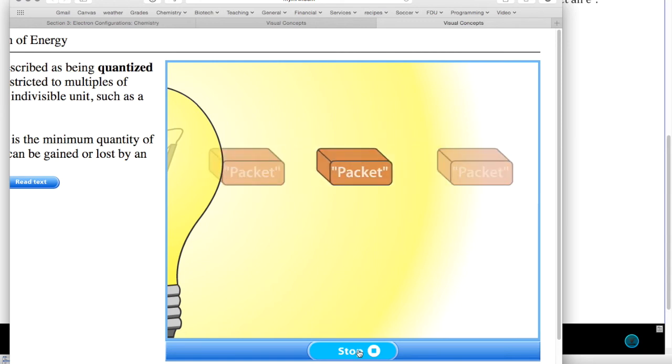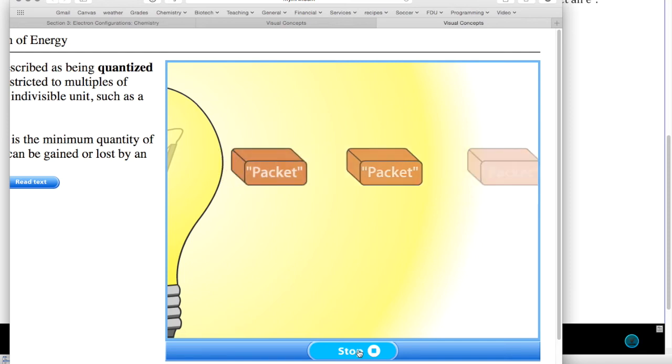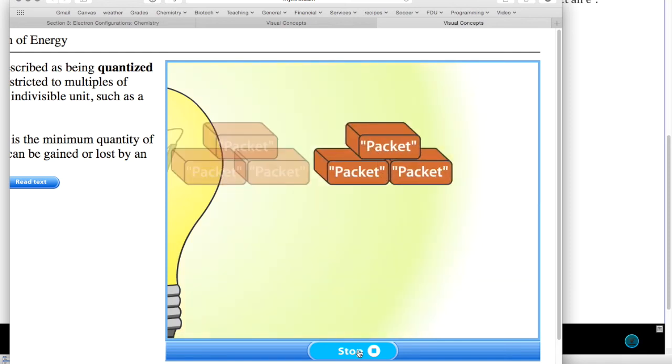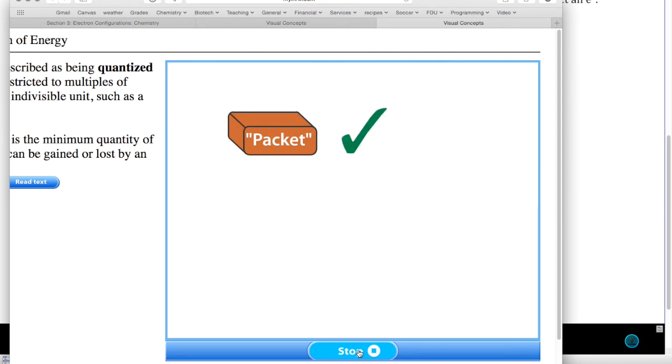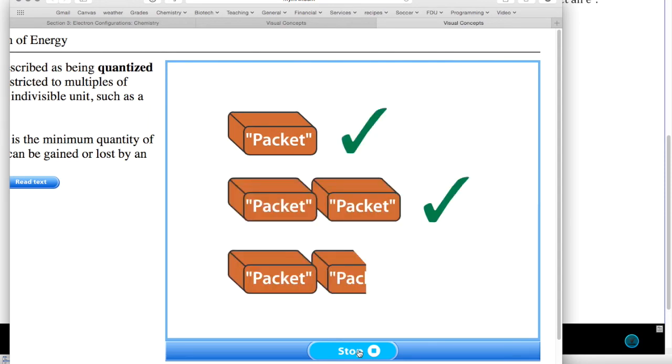Some wavelengths of light carry only a little energy at a time. Others carry more. But the energy is always quantized. It is always in terms of the packet. The smallest possible amount, one packet or quantum, is defined as the minimum quantity of energy that can be gained or lost by an atom.